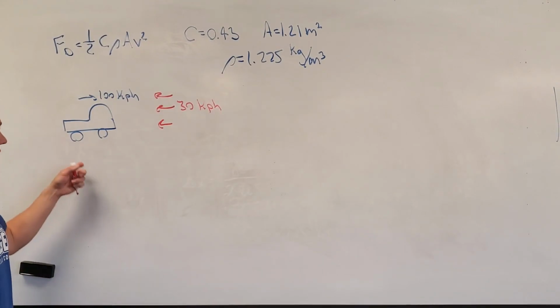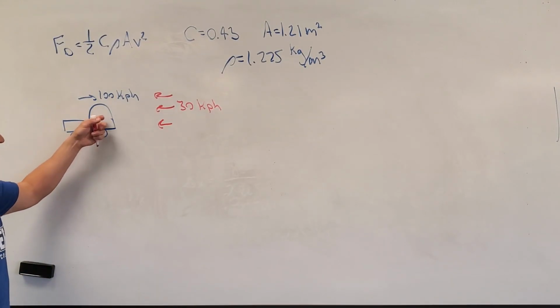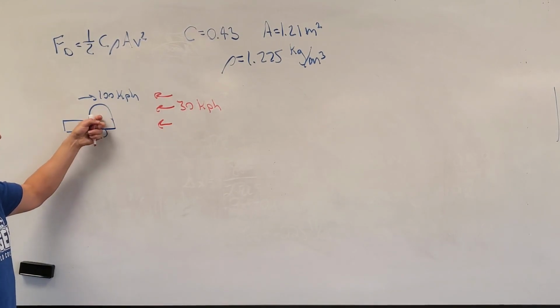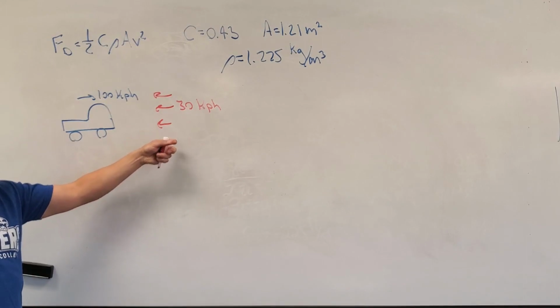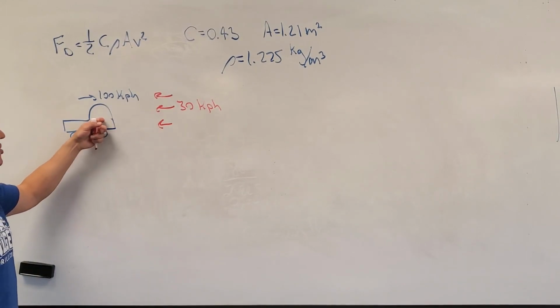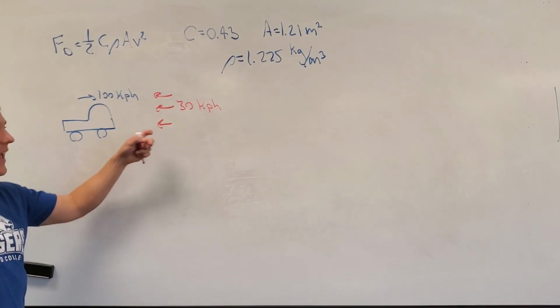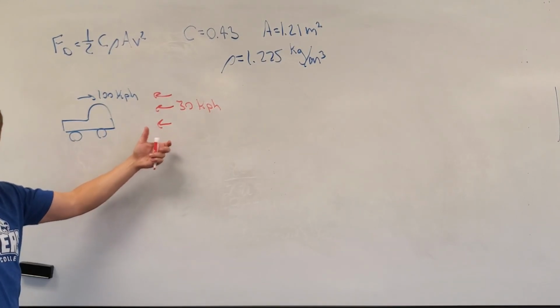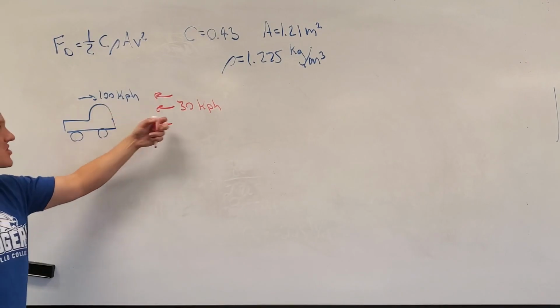And that should make sense. We're not necessarily interested in the velocity of the truck with respect to the ground. We're interested in the velocity of the truck as it moves through the fluid. So in this case, because the truck and the fluid are both moving in opposite directions, the total relative velocity between the two is going to be them summed together.